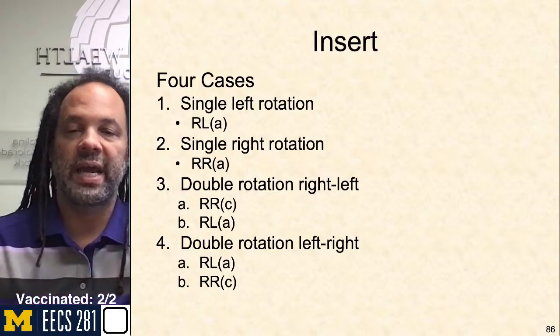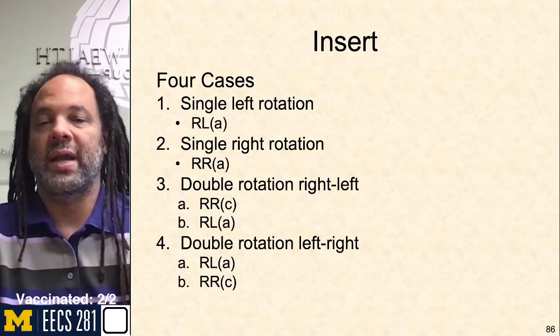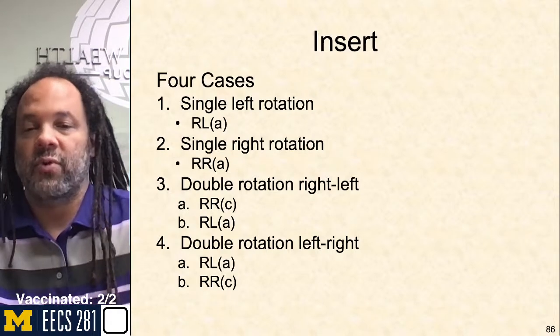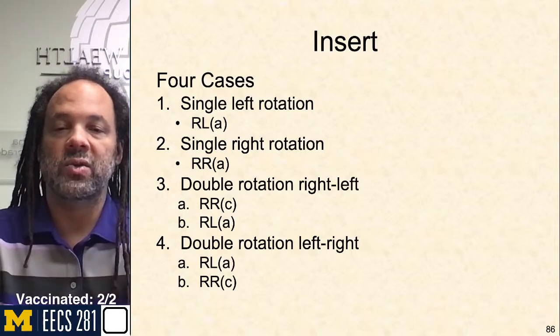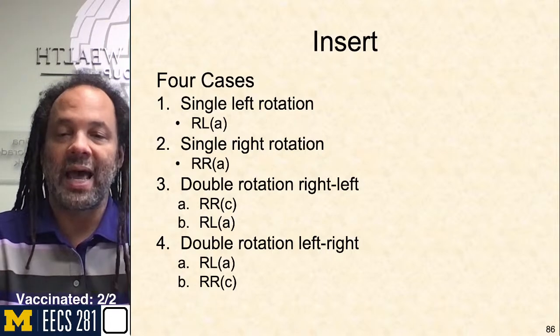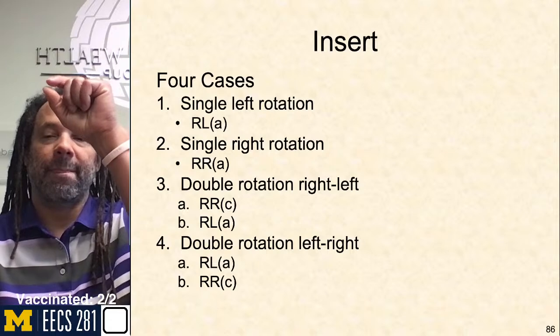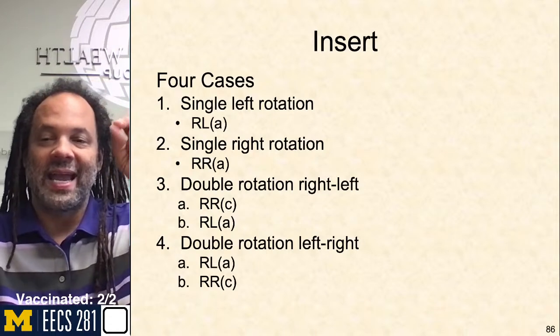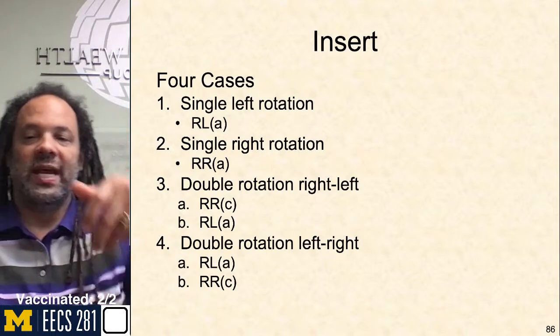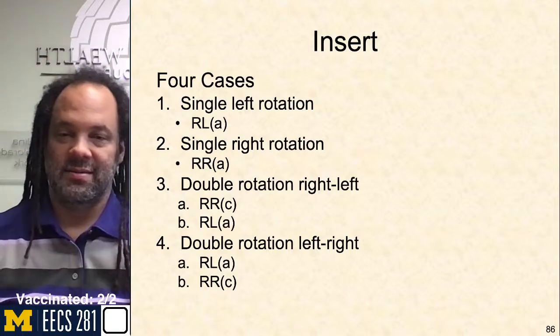A double rotation right-left is right rotation first and a left rotation following. So here's when I've got a right-left, which looks like I'm going to go right with my zigzag and then left. So I'll rotate right and then rotate left to fix it.